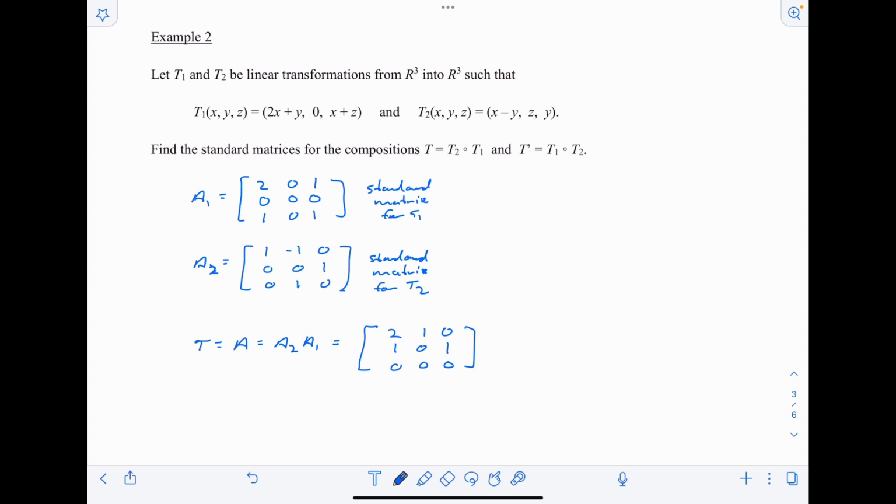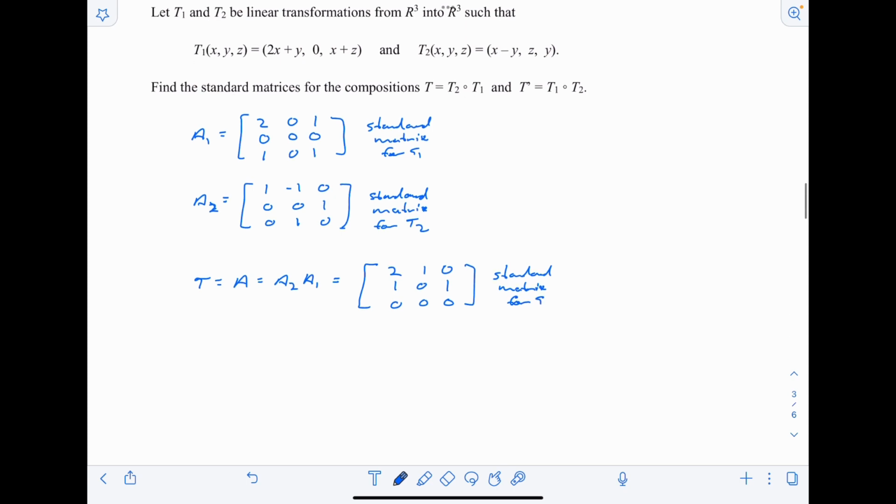So that is the standard matrix for T. And then likewise, if we want to find T prime, that's the same as finding A prime, which is just reversing the order: A1 times A2.